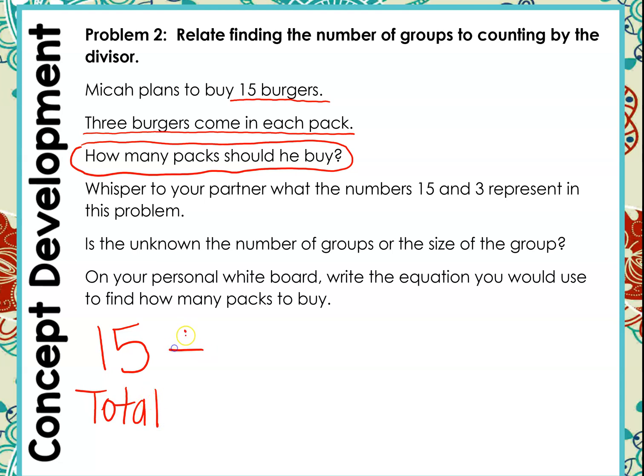Okay, so we're dividing 15 by what? 3. So we know there's 3 burgers in each pack. So what is 3 representing? So 3 represents size of group. So there's 3 in each group or each pack.